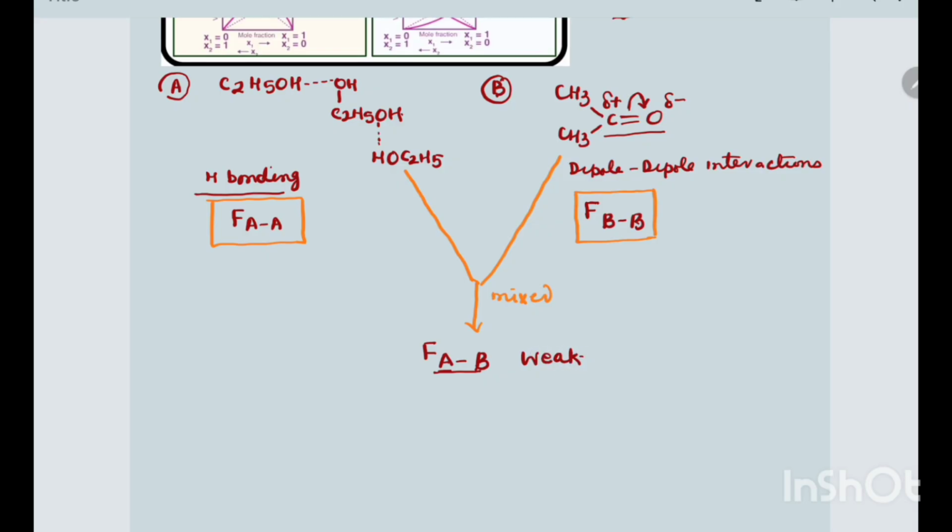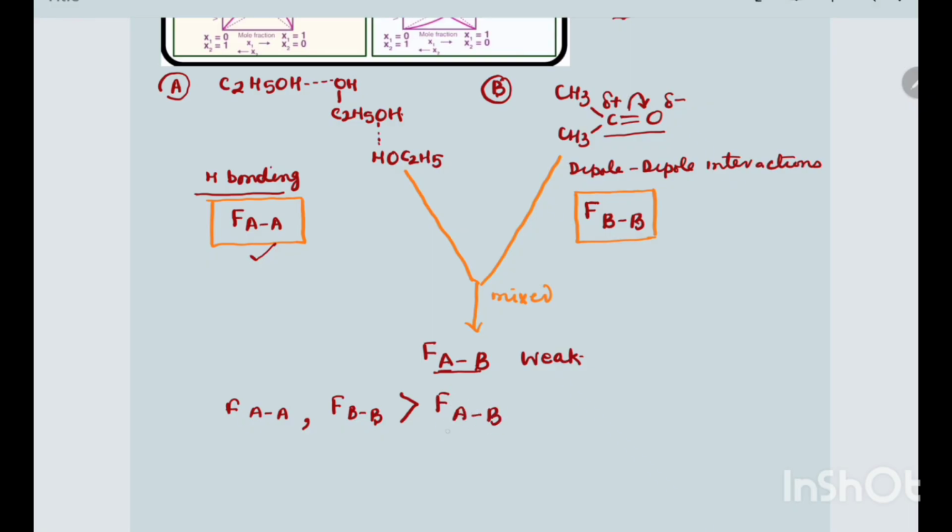So what we found is that when component A and component B are mixed, the forces of interaction between the particles of A and between the particles of B are more than the force of interaction between A and B.